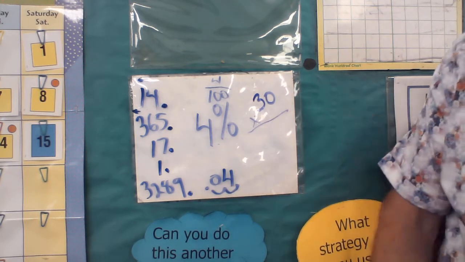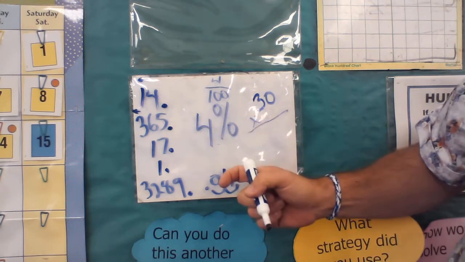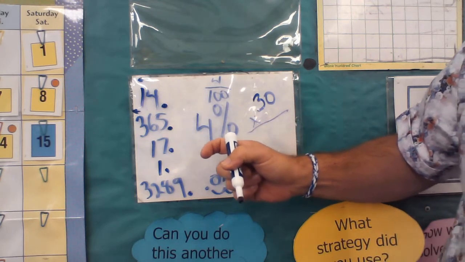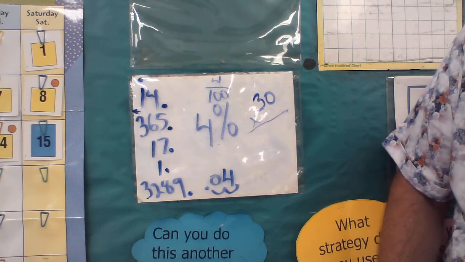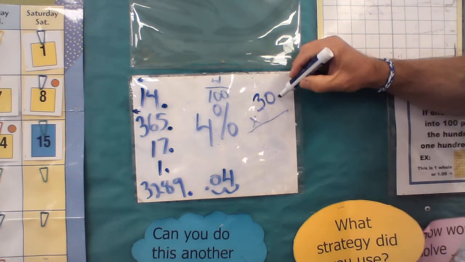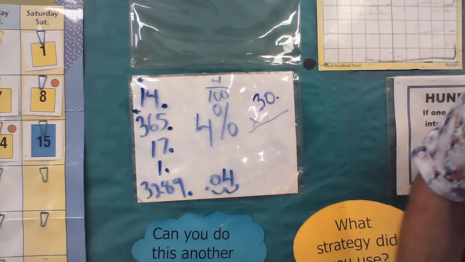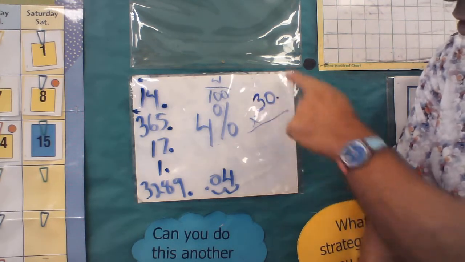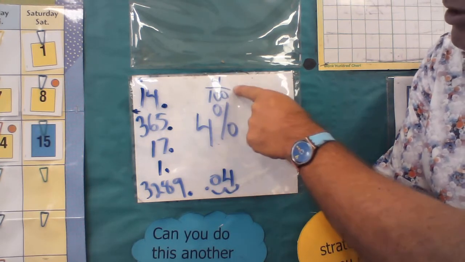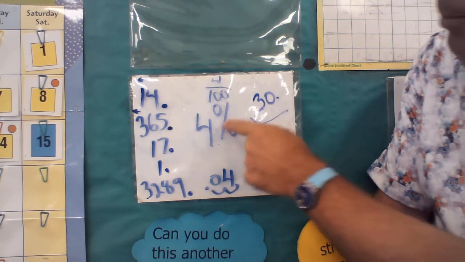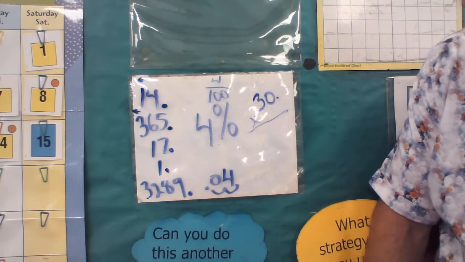So looking at this problem, I'm going to put the decimal point on the 30. Where does the decimal point go? Oh, it goes right there. Scat. So now that I know that there's a decimal point here, it reinforces that I'm not going to have to convert this percent to a fraction, but I'm going to convert the percent to a decimal.